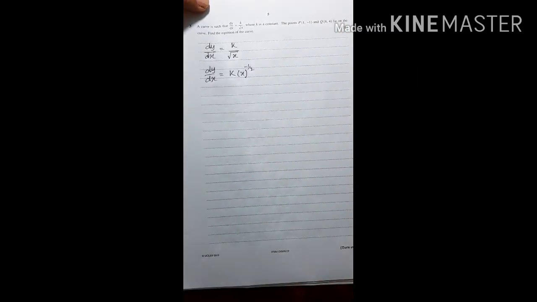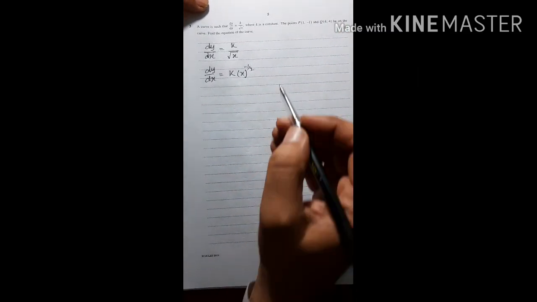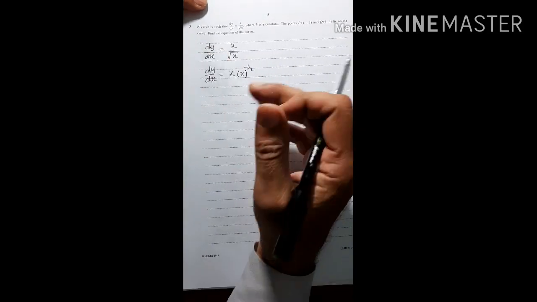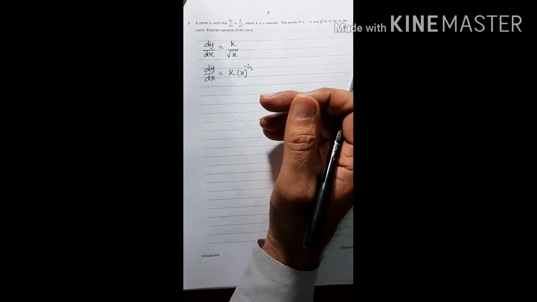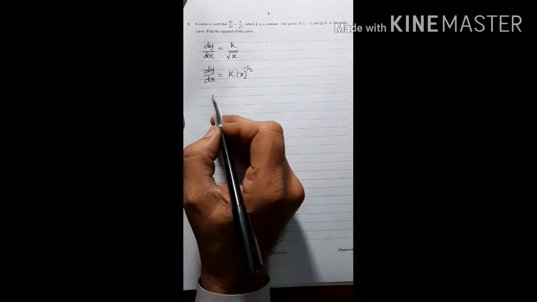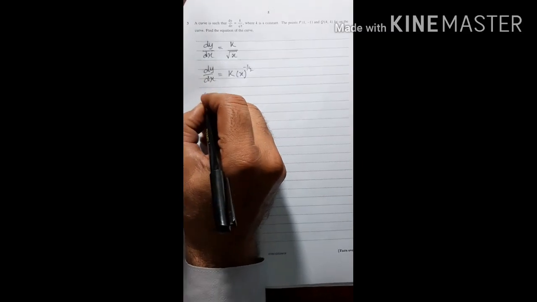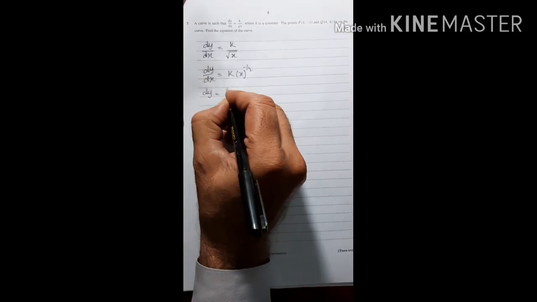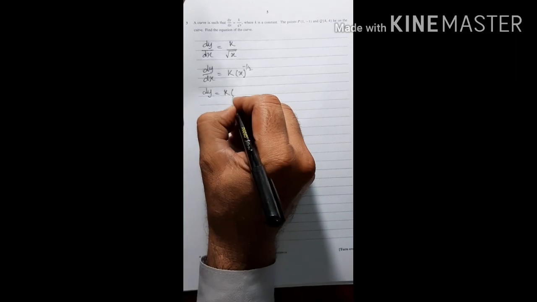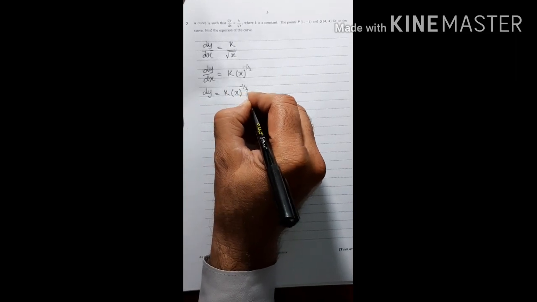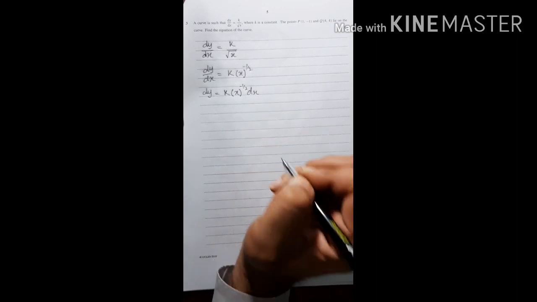So it can be written as dy is equal to k x minus 1 by 2 dx.